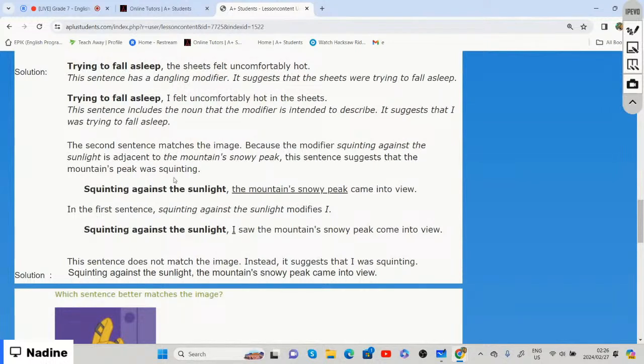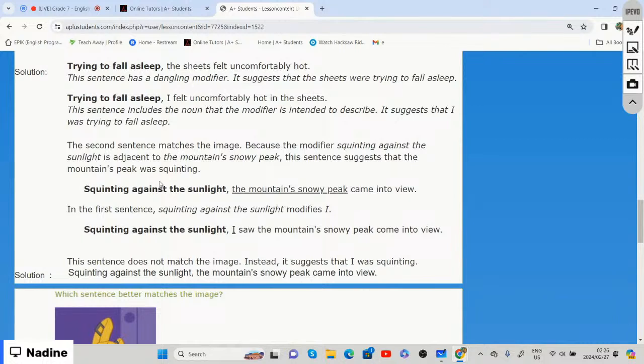It's either saying, squinting against the sunlight, the mountain's snowy peak came into view, or, squinting against the sunlight, I saw the mountain's snowy peak come into view.